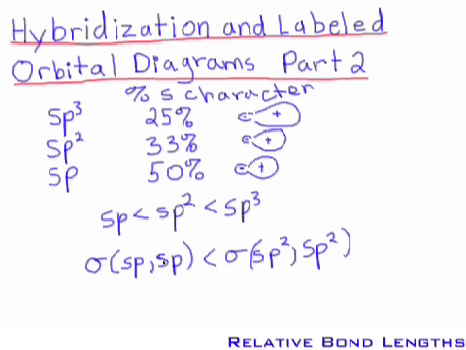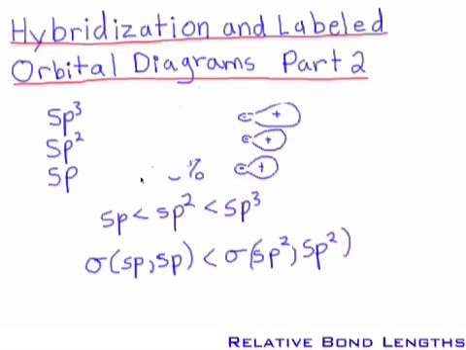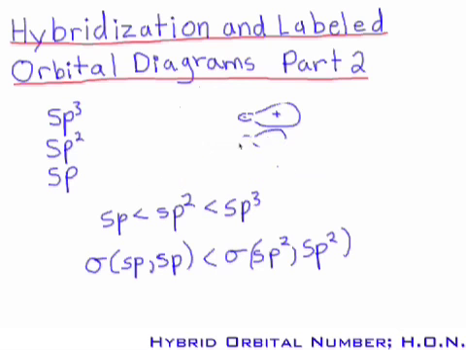Having established this, what we want to do now is move on and try to apply this hybridization approach to atoms other than carbon. And let's begin with a molecule such as ammonia. Now, last lecture we defined a term H.O.N, hybrid orbital number, sometimes called S.N, steric number, sometimes called C.N, coordination number.